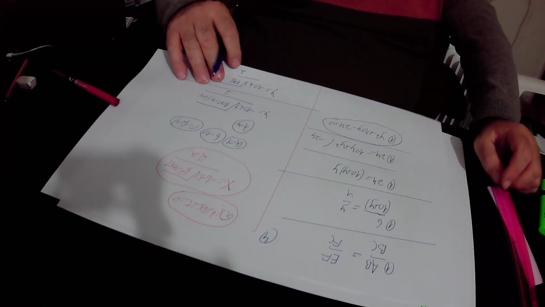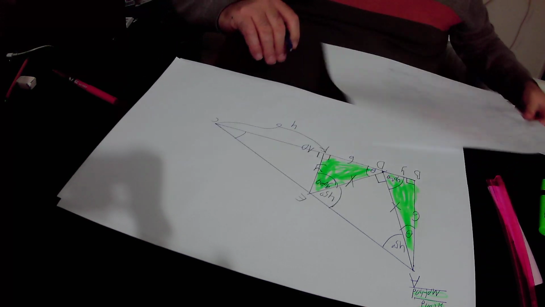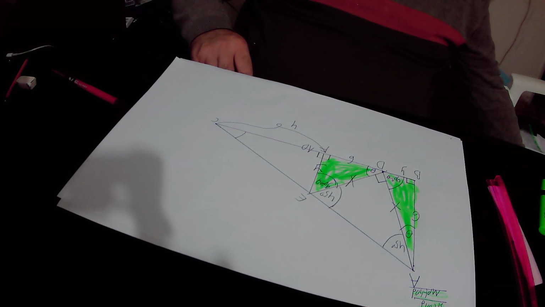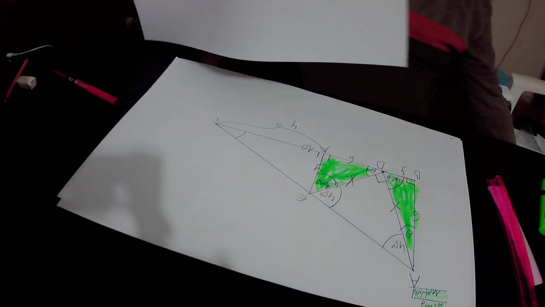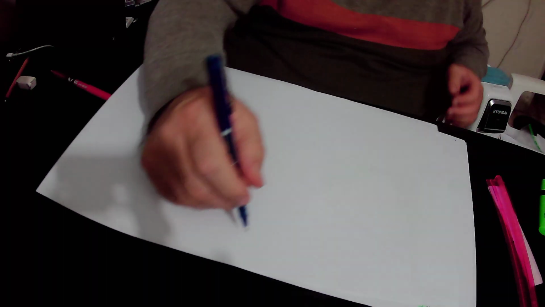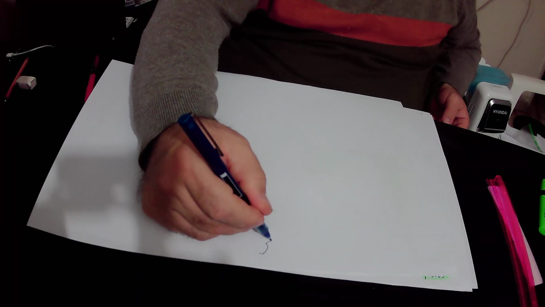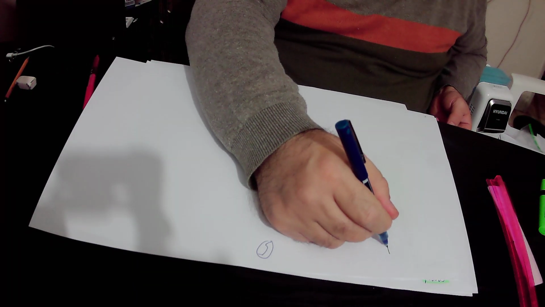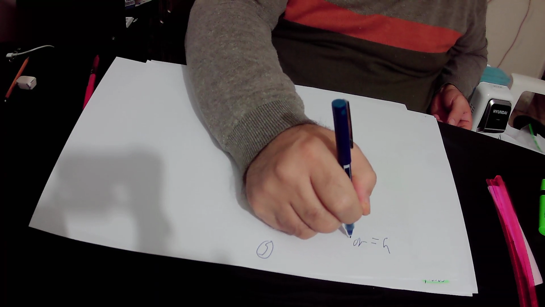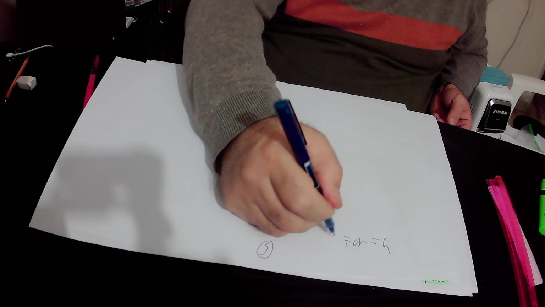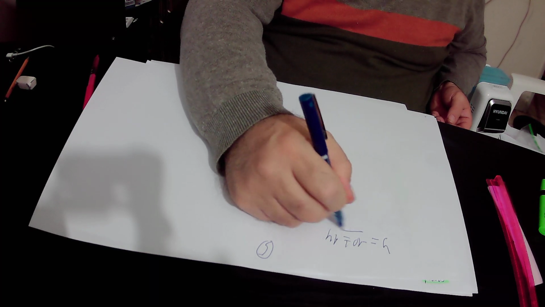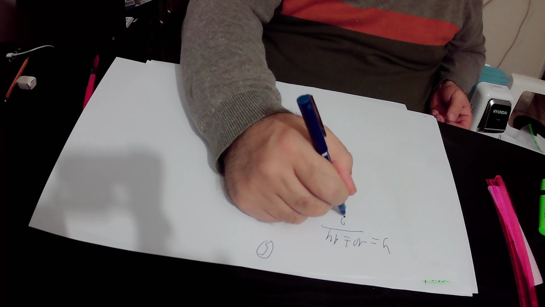So here we have two solutions that are possible for y. y equals minus 10 plus or minus the square root of 196, which is 14, over 2.